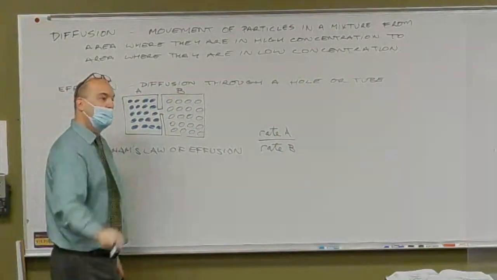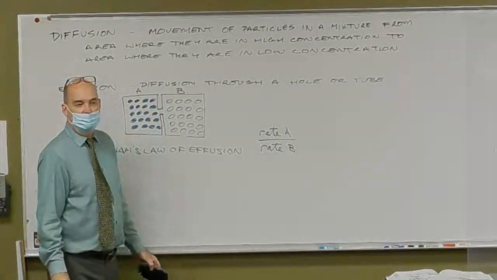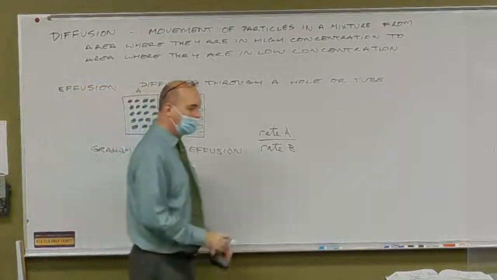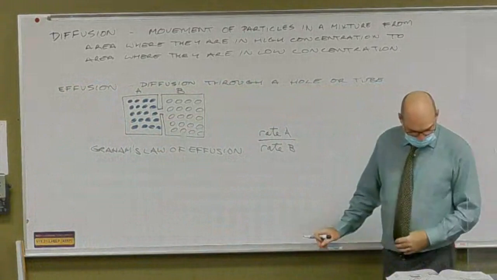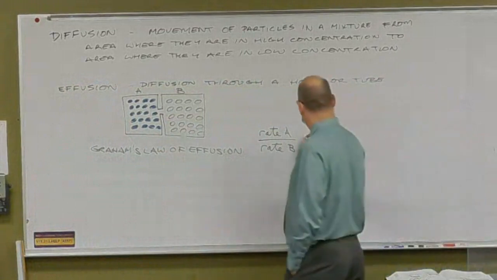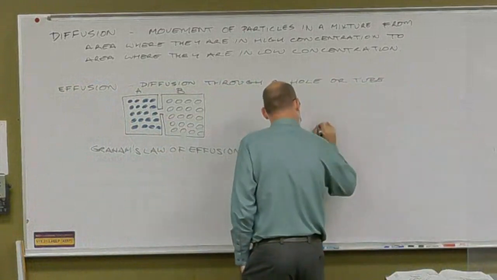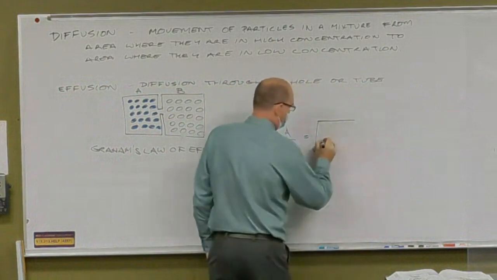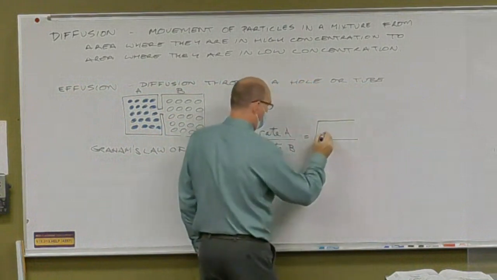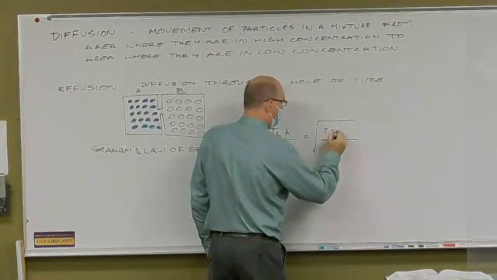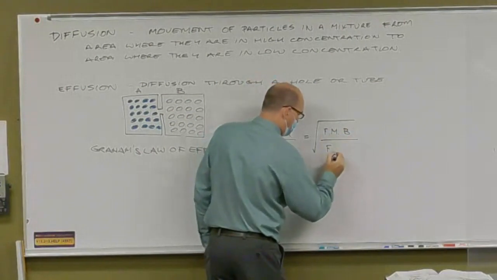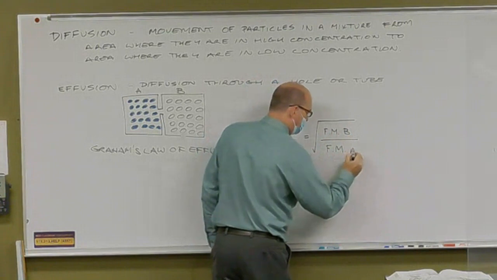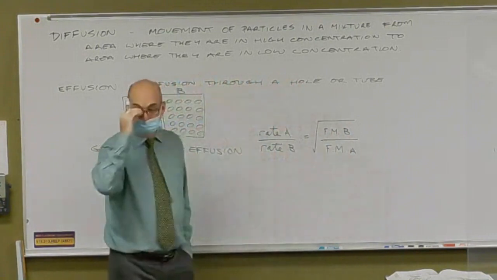The rate at which A flows through that tube divided by the rate at which B flows through that tube is equal to the square root of the formula mass of B divided by the formula mass of A.